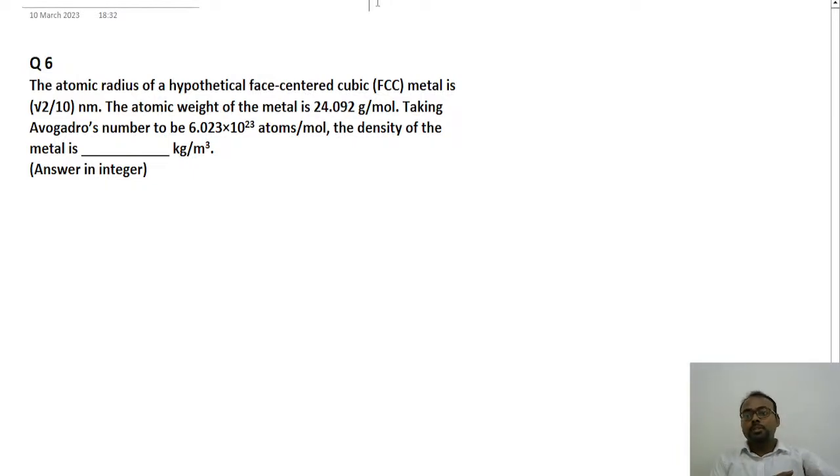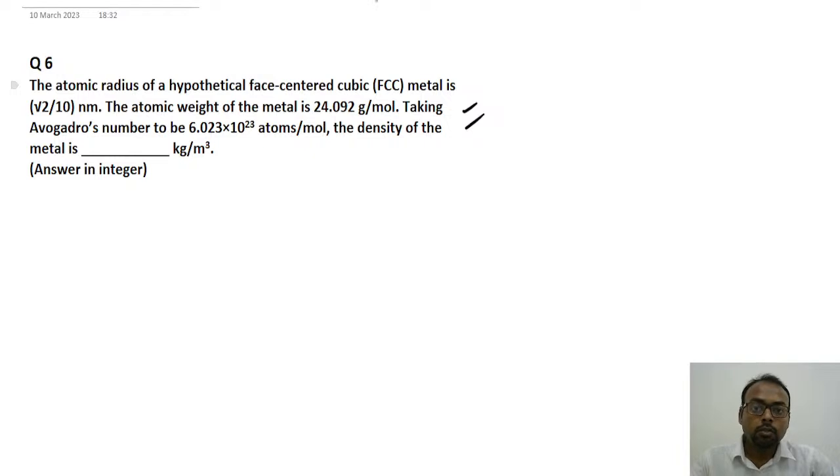In question number 6, this question is basically from material science. I have included it in production engineering, but it is basically from material science. The atomic radius of a hypothetical face-centered cubic metal is root 2 by 10 nanometer. So we have been given the atomic radius R, that is root 2 by 10 nanometer.